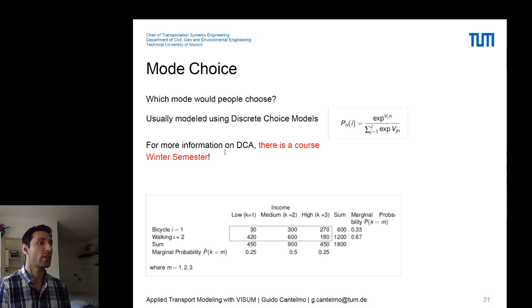I'm not going to go into the details of the equations, but usually we use discrete choice models. There is an entire course dedicated to discrete choice theory in the winter semester, a very good course. We advise you to go for it. But conceptually, there are two things to understand. The first is that this is a probability that depends on certain costs.